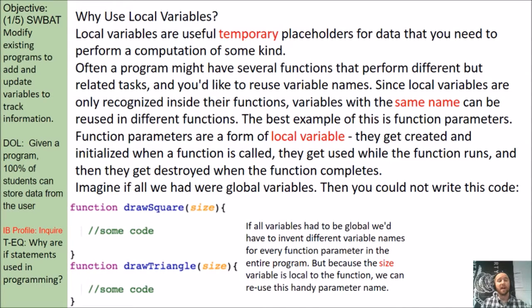And here's some code that exemplifies the reason we don't want to use global variables all the time. If I wanted to create a function that draws a square, well, I need a variable that would determine its size. Now, that same size, the parameters for what makes that size will be different than the size of a triangle, or at least the parameters that go into a triangle. So remember, when you create a function, you put commands down here.